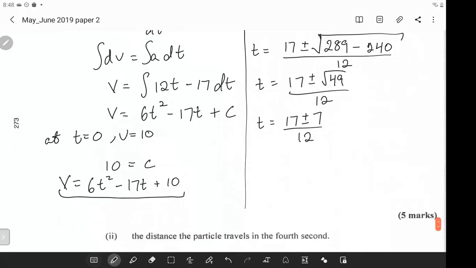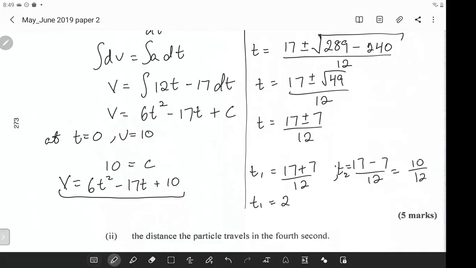All right, and we can get the two values. So t1 is 17 plus 7 over 12. And 17 plus 7 is 24. 24 divided by 12 is 2. So t1 is 2. Or we have 17 minus 7 over 12.